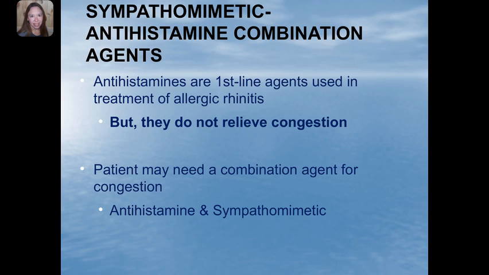So in order to help treat all of the signs and symptoms without using a steroid, we could use a sympathomimetic and antihistamine combination agent. So it's taking two different classes of medications and combining them together into one pill in order to treat all signs and symptoms of allergic rhinitis.